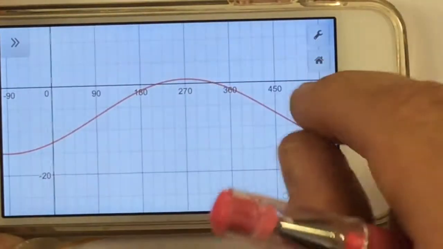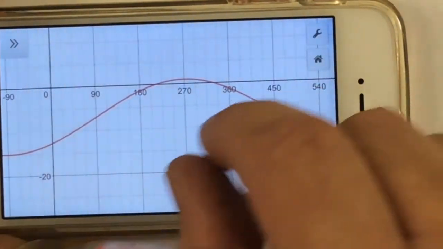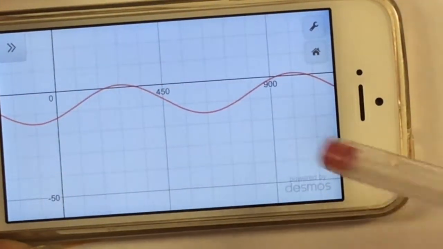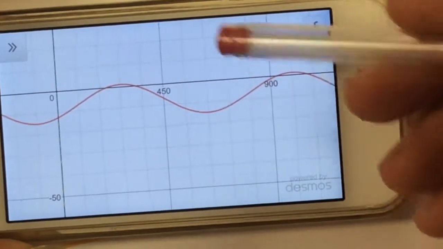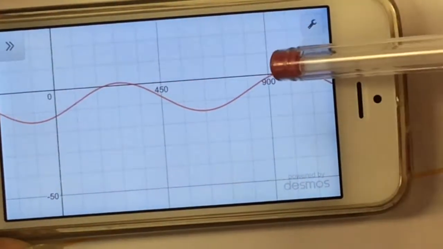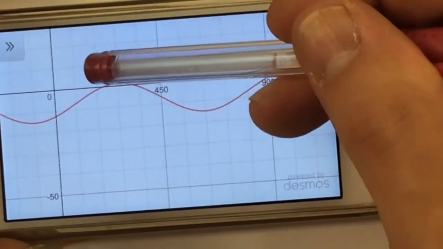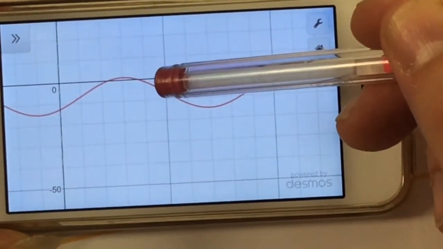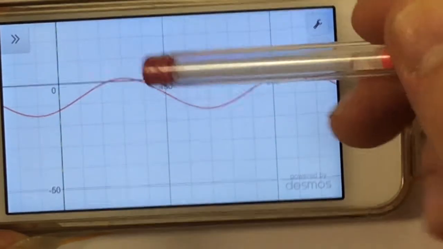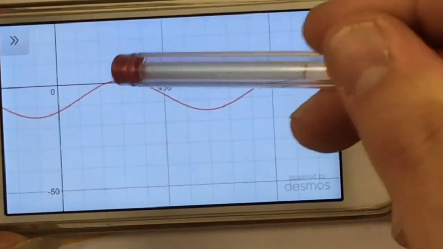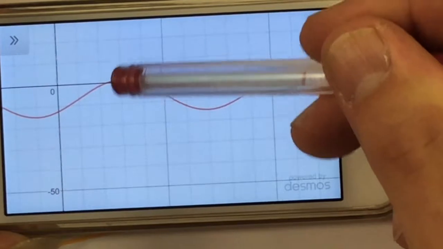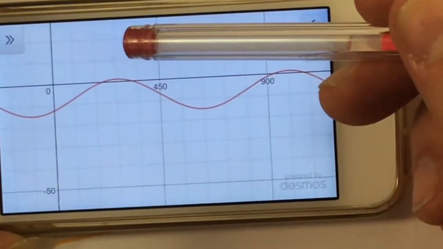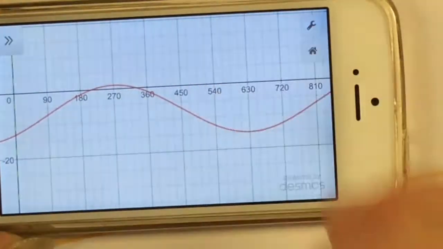Okay, so that means that if I had given you a graph, you'll notice that this goes on and on here. This is a big one. But the lowest point here appears, this is 450 and 900, so this is 90, 180, 270, 360, 450, right? You with me on this? So the distance from, let's say, the top point here, which appears to be 270, there.